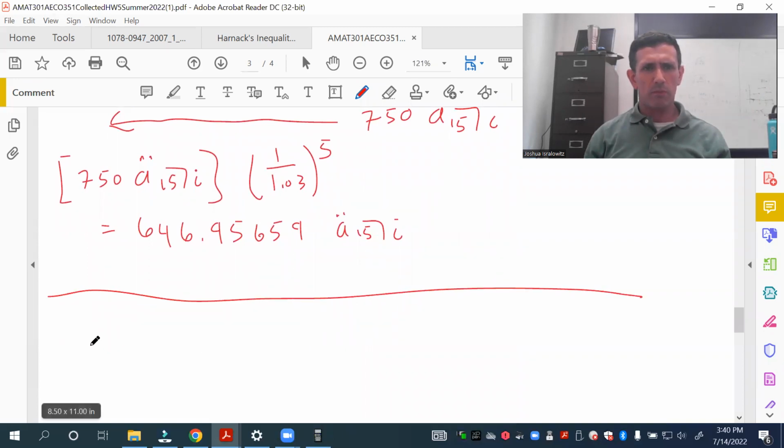So total present value was given to be 12,000.